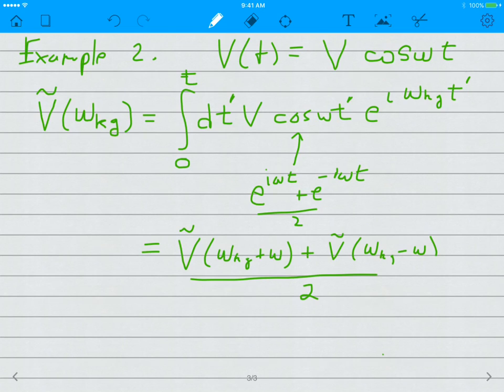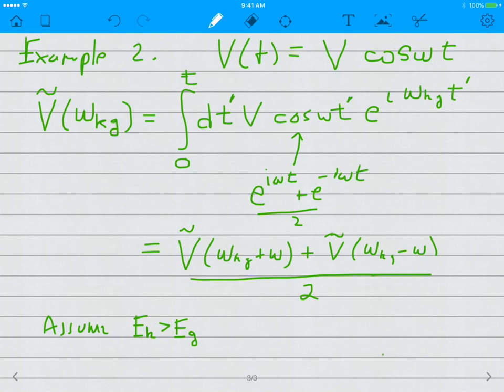Now, let's assume E k is greater than E g. So this would be the case where, say, the atom starts in the ground state, g for ground, and we're figuring out what's the probability that the atom will end up in the excited state, E k, which is a higher energy.